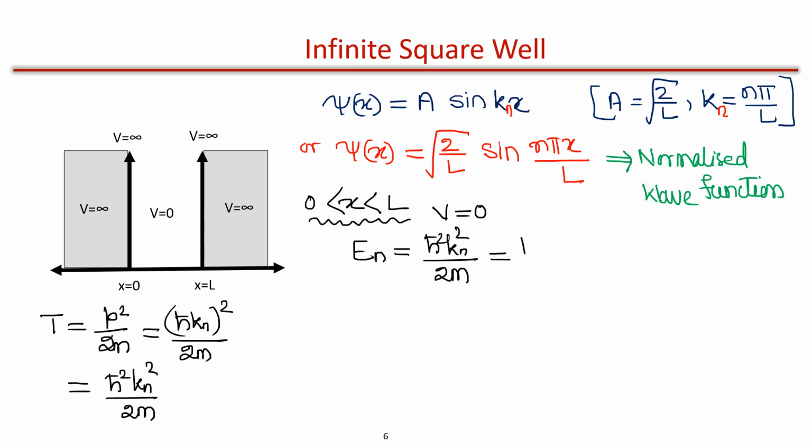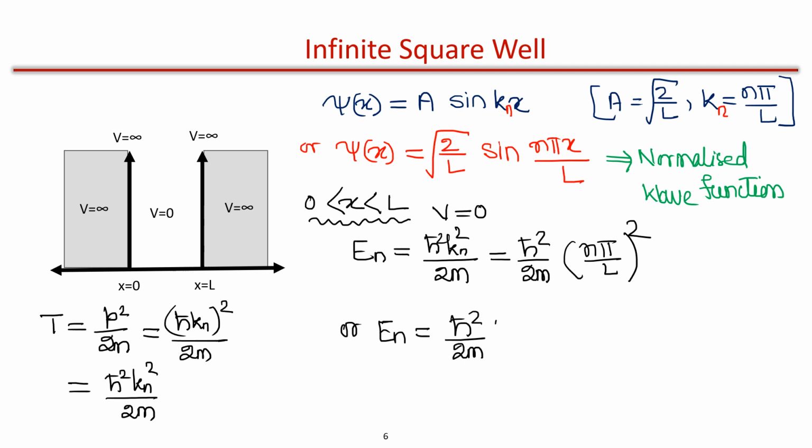Again, we know that kn is equal to n pi by L, so whole square, and finally we obtain En is equal to h cross square by 2m, n square pi square by L square. So this is the expression of energy.